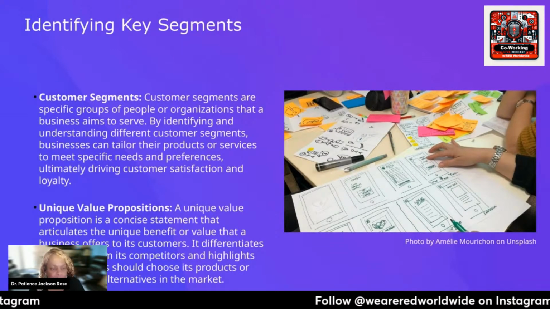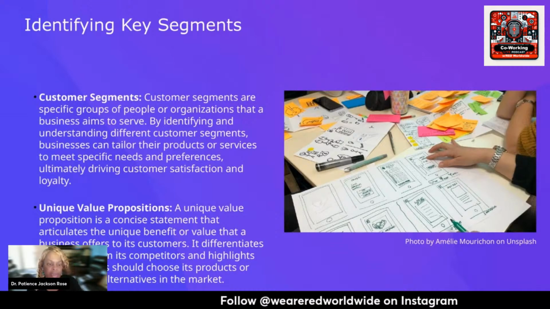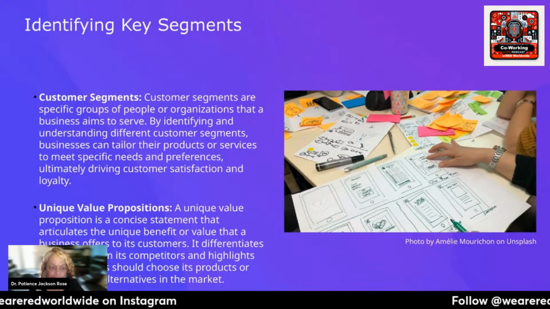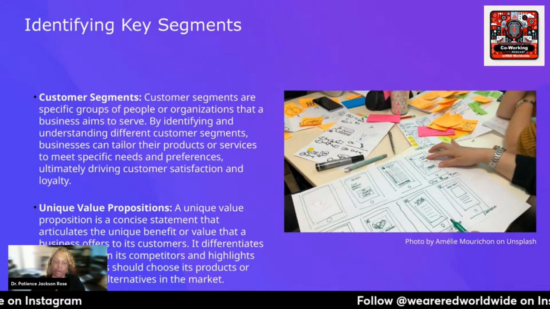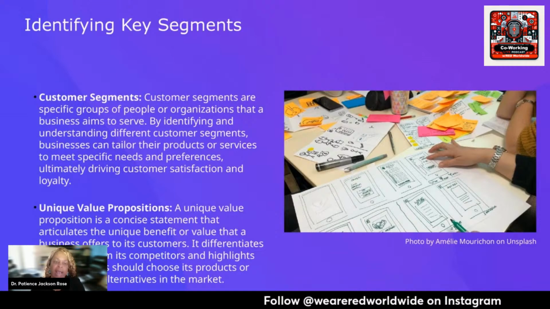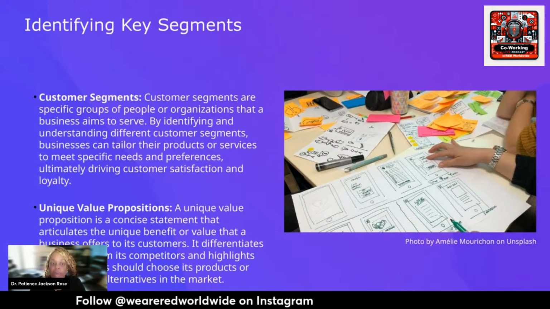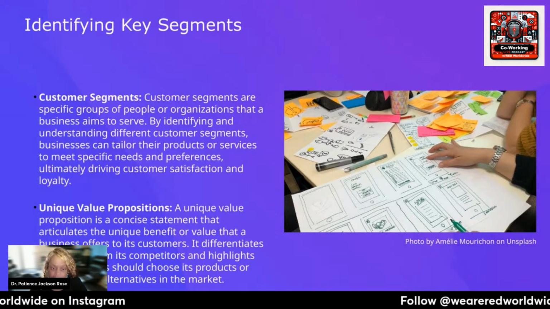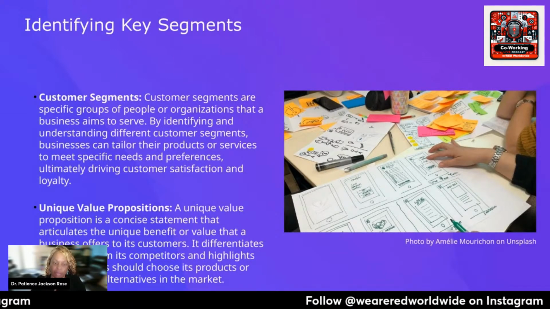When we're looking at our customer segments, we have to understand how we really meet the need of that customer segment. If we can look at what we have to offer and we know what their problem is, then what are we poised to do that's different than everything else out there on the market?